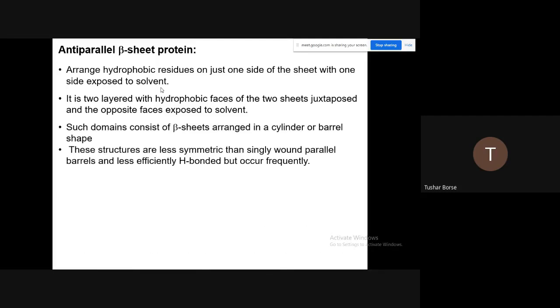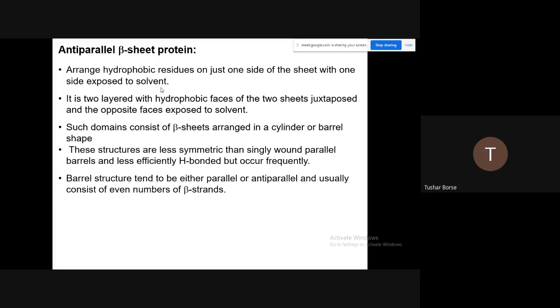Here also the domains are formed by these beta sheets, which could form a shape similar to that of a barrel. In this case they are stabilized by a few hydrogen bonds, but maximum stabilization is by the hydrophobic interactions.